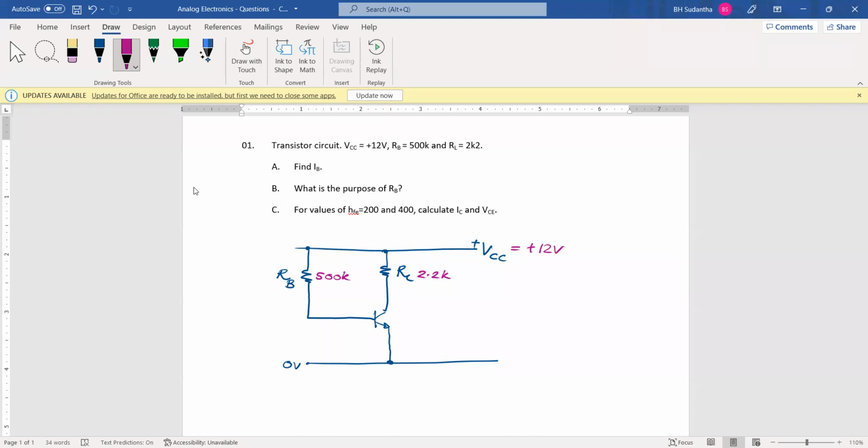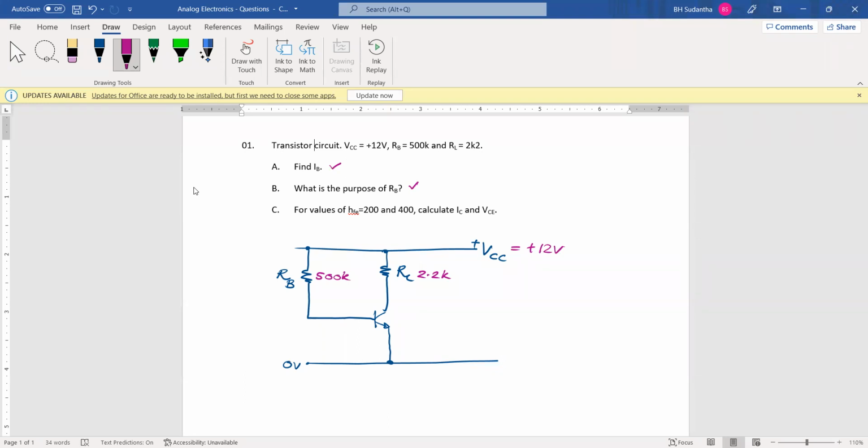Now you have to find IB. Okay, you can find it. Maybe you can answer this one, but for different HFE values, for 200 HFE and 400 HFE, you can calculate IC and VC values. Okay, shall we do this one?